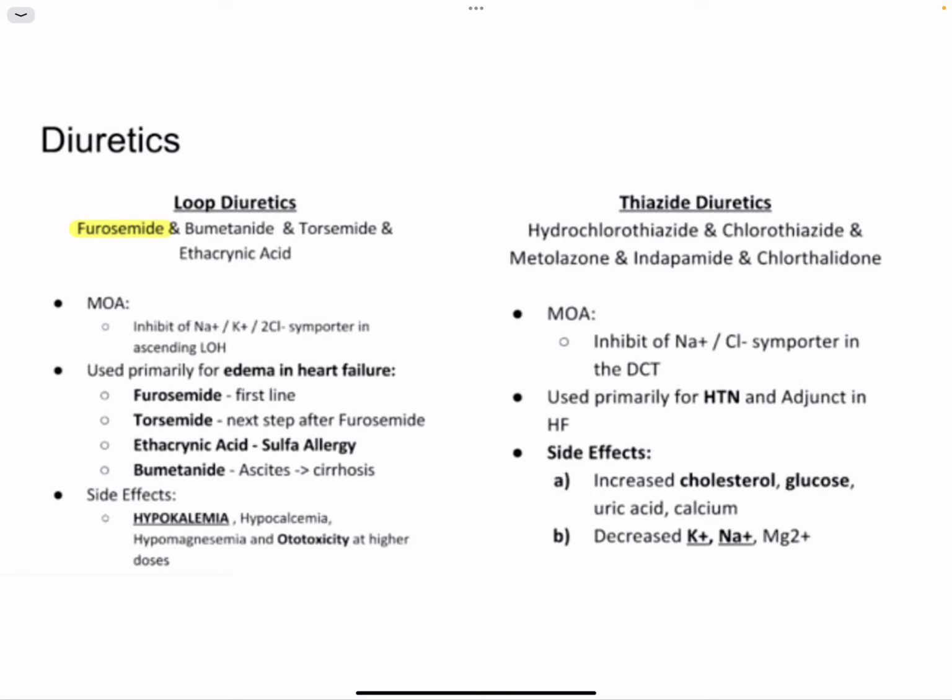So if you get a question on your exam, you have a patient who needs a loop diuretic but is allergic to furosemide or bumetanide or torsemide, which of the following is appropriate? It will be ethacrynic acid.